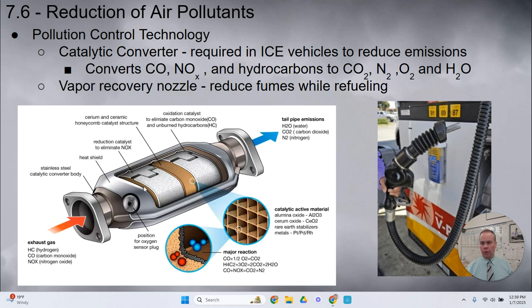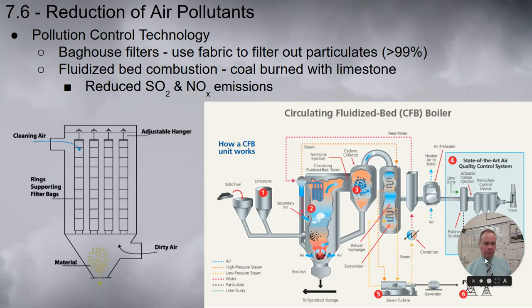If you go to a gas station, you might see that in some gas stations, the gas pump has a special nozzle on it. You can see it here. This is a vapor recovery nozzle, and this reduces the VOCs that are emitted when you fuel up a tank of gas. And so that's another piece of technology.